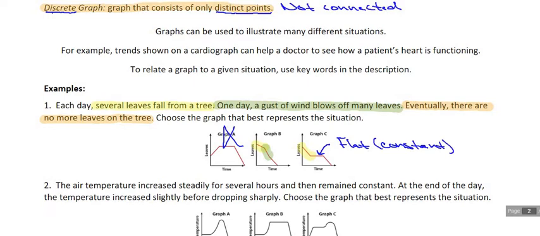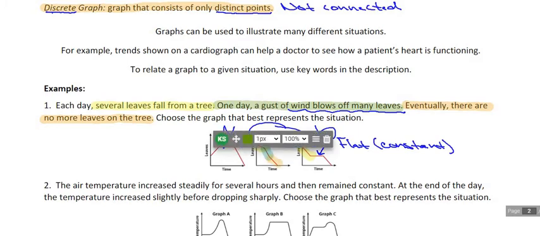In our second segment, we need many leaves to blow off the tree, so more than blew off initially. So far, A and C are both crossed off, so B is going to be our answer, and let's verify that with the last piece that says eventually there are no more leaves on the tree. That means the leaves continue to come off and are now down to 0. So graph B is definitely our answer there.